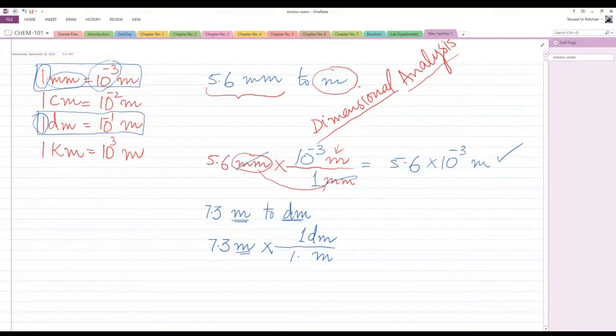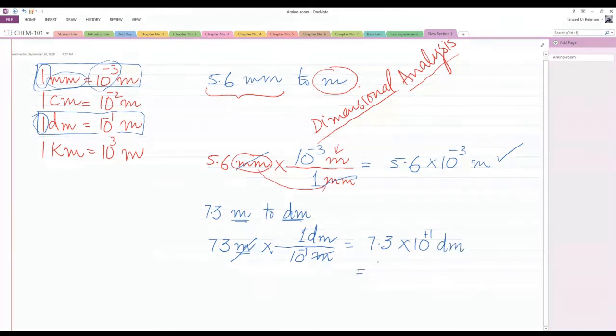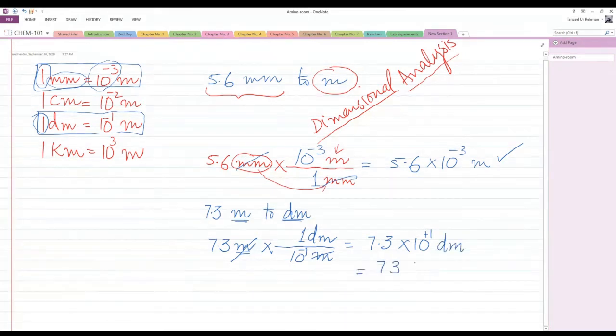And with meter, 10 to the raised power minus 1. Meter will be cancelled with meter. When you use the calculator, it is 7.3 times 10 to minus 1. When it goes up, it becomes plus 1, decimeter. Or in other words, we can say 73 decimeter.